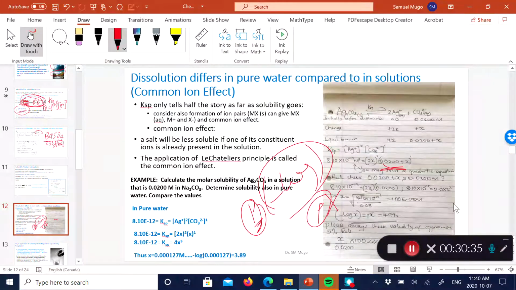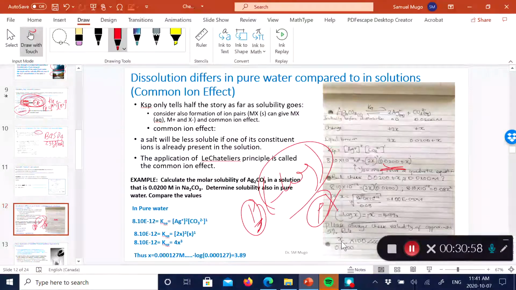Now remember, it's always very important to go back here and confirm: is our approximation valid? So the 0.02 plus what we calculated here, is it approximately the same as 0.02? And we do that by what you know as the 5% rule.